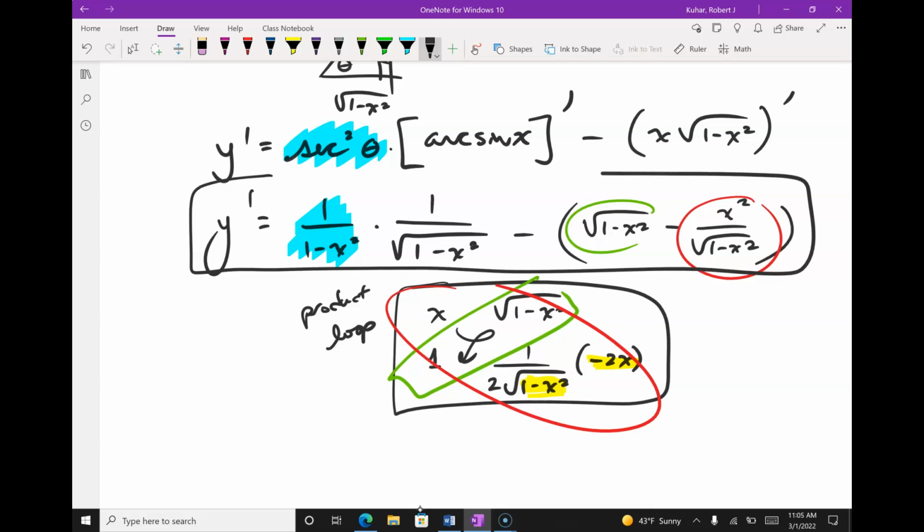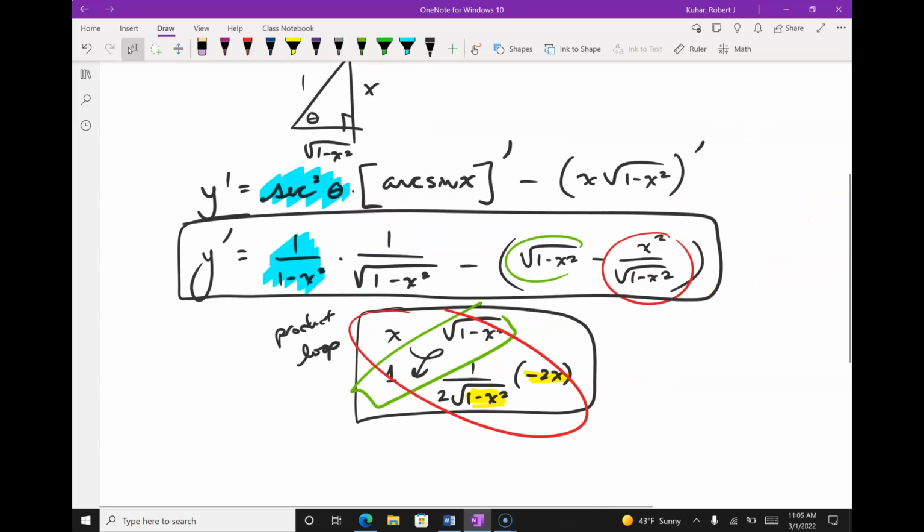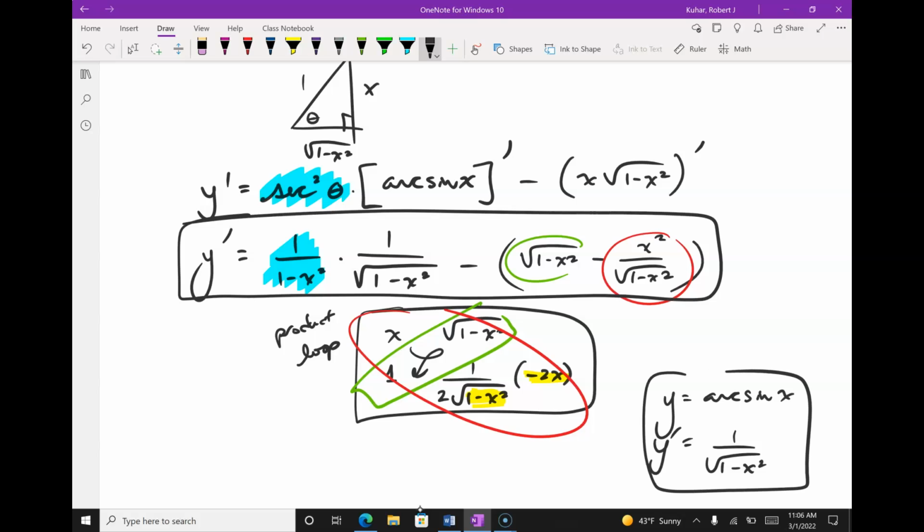Am I done yet? Hell no. Can you also go over how to find the prime of arcsine? Yeah, we did that today, so we have it memorized. If y equals arcsine of x, y prime is 1 over square root of 1 minus x squared.